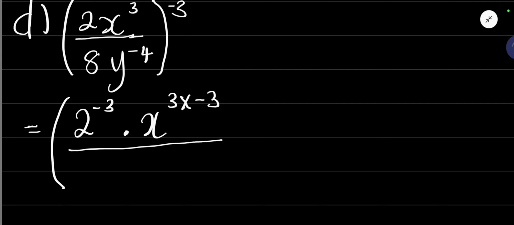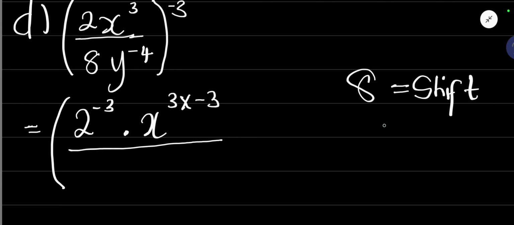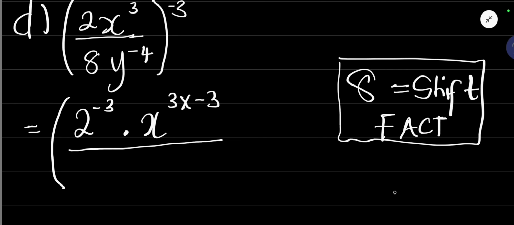So this is how you can also use your calculator. You just press 8 on your calculator, followed by the equal sign, and then followed by shift, and then followed by a knob which is written fact. You will look for it on your calculator, and this will give you 2 exponent 3.